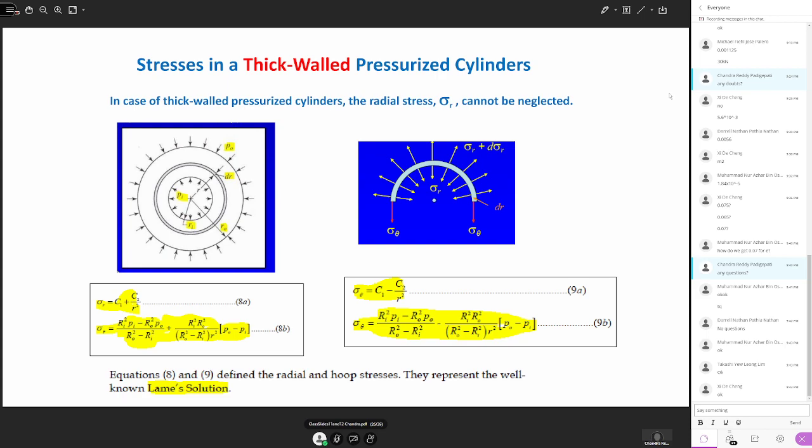You know Ro and Ri are the outer and inner radii. C2 represents Ri square Ro square over Ro square minus Ri square, into the difference in pressures, Po minus Pi. You can see the formulas.